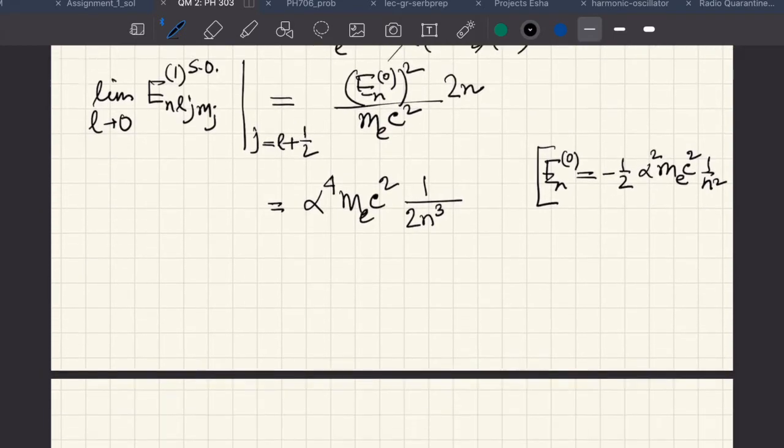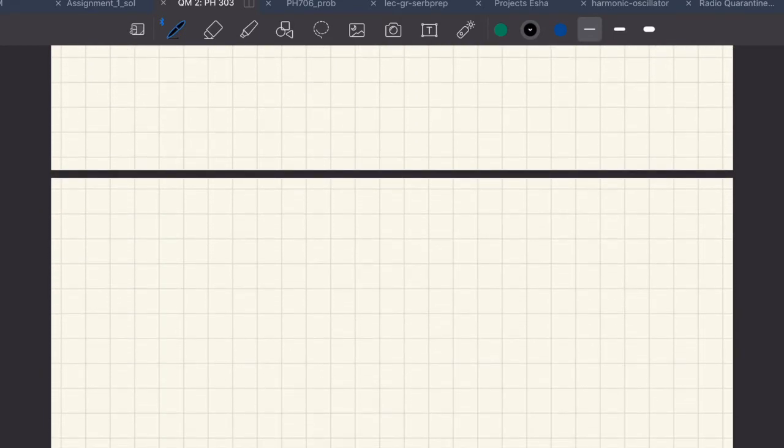The next important salient feature of this expression is that for l not equal to 0 states, in principle we can add the relativistic correction and the spin-orbit coupling correction because they are of the same order, and also we can write both of these corrections in the same coupled basis.